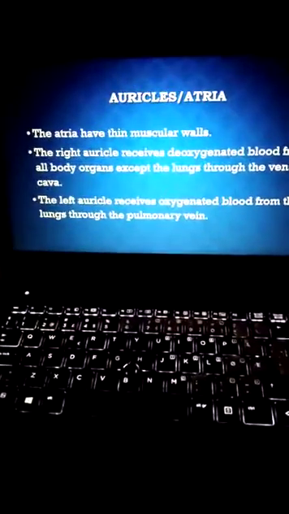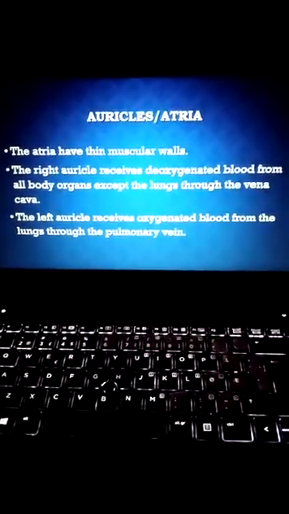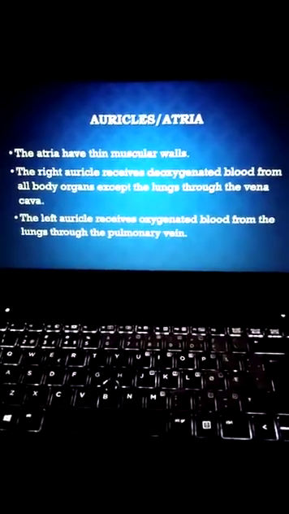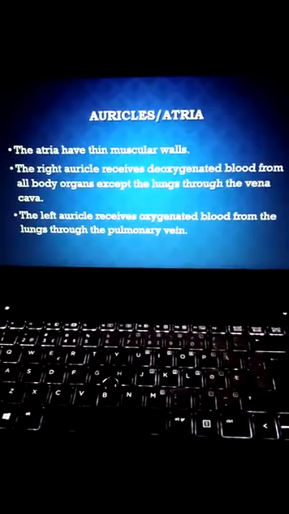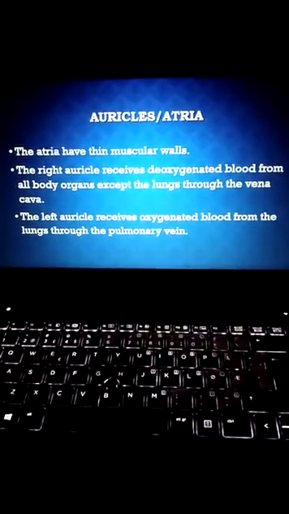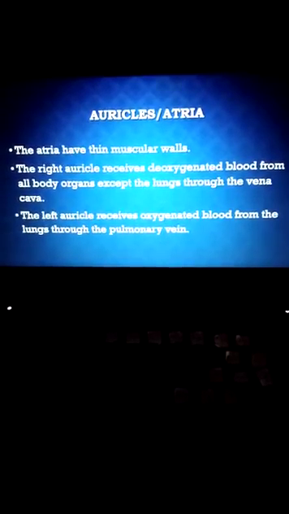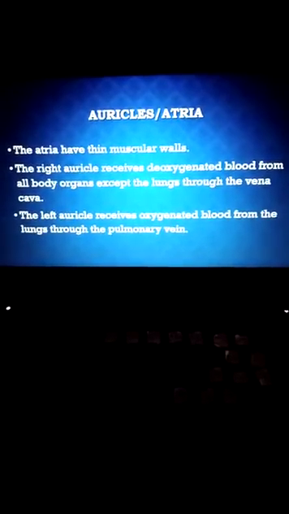The auricles have thin muscular walls, as I was explaining from the diagram. The right auricle receives deoxygenated blood from all body organs except the lungs through the vena cava.